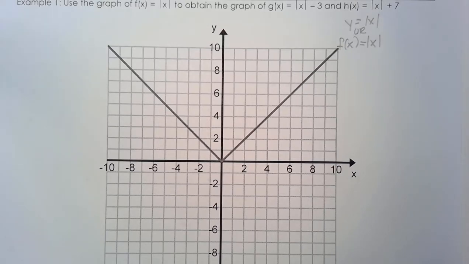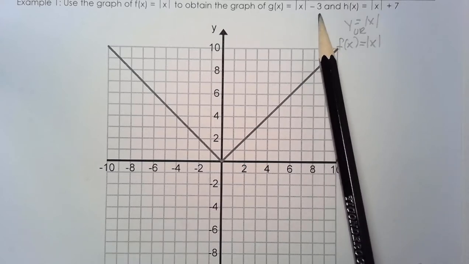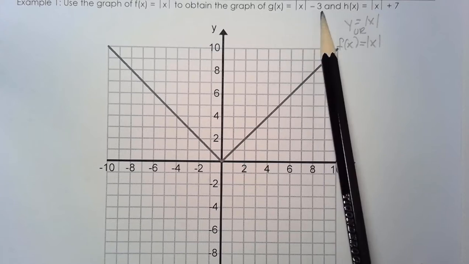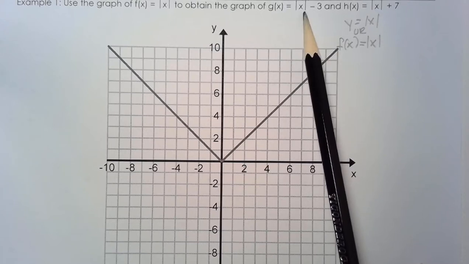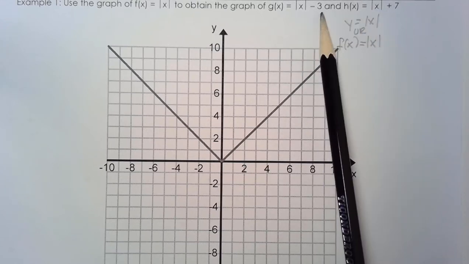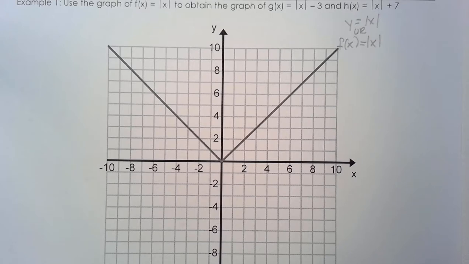Means the same thing. But what happens when we add a number after our absolute value? When it's the last term of that equation, or we call it a constant term. Well, this is where what would take place is that the graph is going to shift vertically.